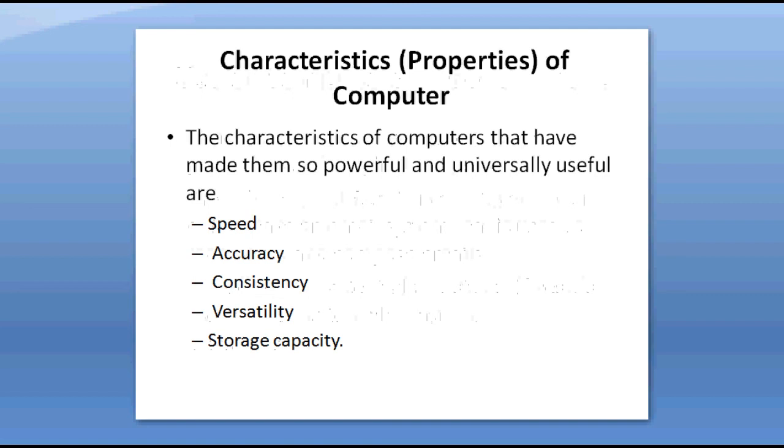Although computers are of various types depending on their size and capacity, all computers have some common characteristics. As you all know, a computer has a lot of features, but among all those properties, five are the most popular. First, speed; second, accuracy; third, consistency; fourth, versatility; fifth, storage capacity.